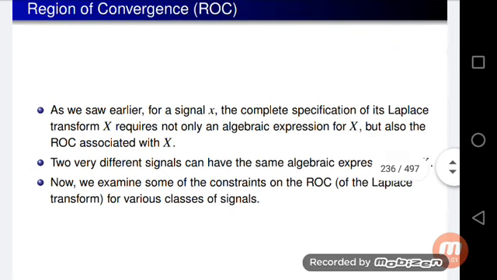Now we are entering our major topic, region of convergence.